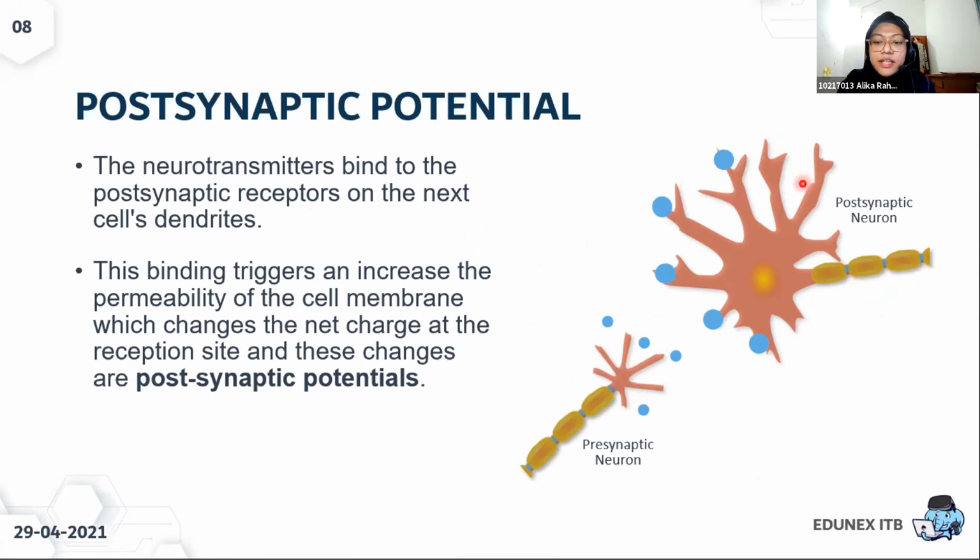Like in the action potential, this binding triggers an increase in the permeability of the cell, and these changes are postsynaptic potentials. Postsynaptic potentials last far longer than action potentials, but are also smaller in amplitude and weaken as they travel. The slower timing and larger span of postsynaptic potentials are the reason why they are better for EEG recording.